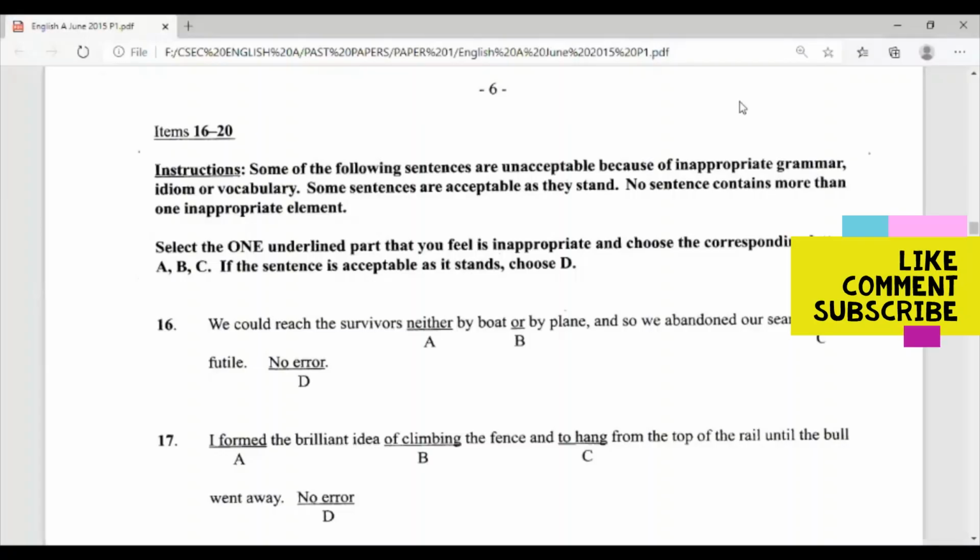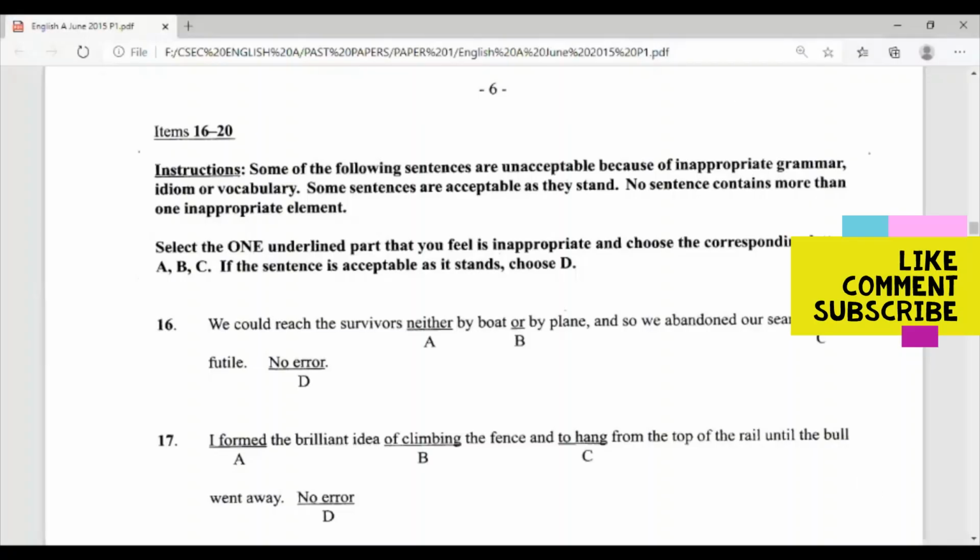So A, B, or C is what would be an error, but you're told to select D if the sentence is acceptable and there are no errors. So we're looking at items 16 to 20, and this is still June 2015.